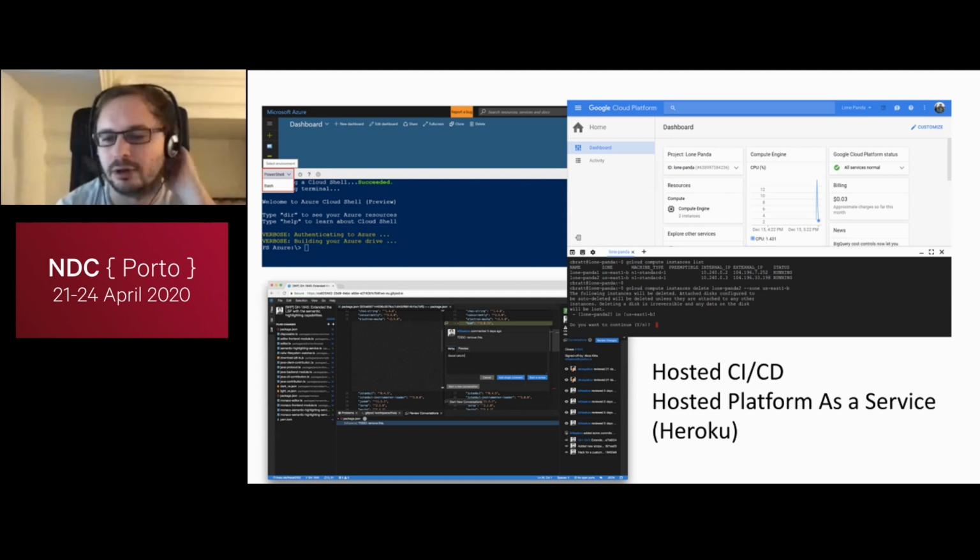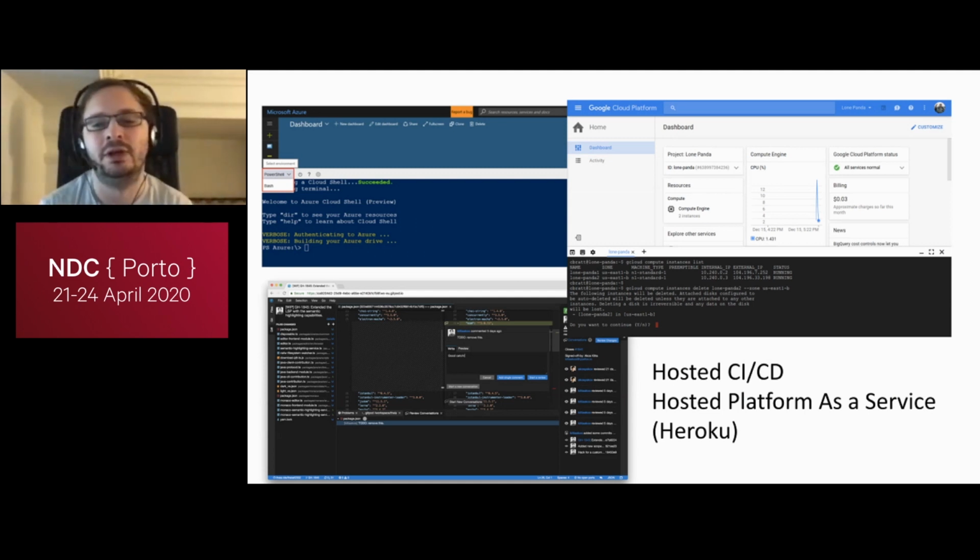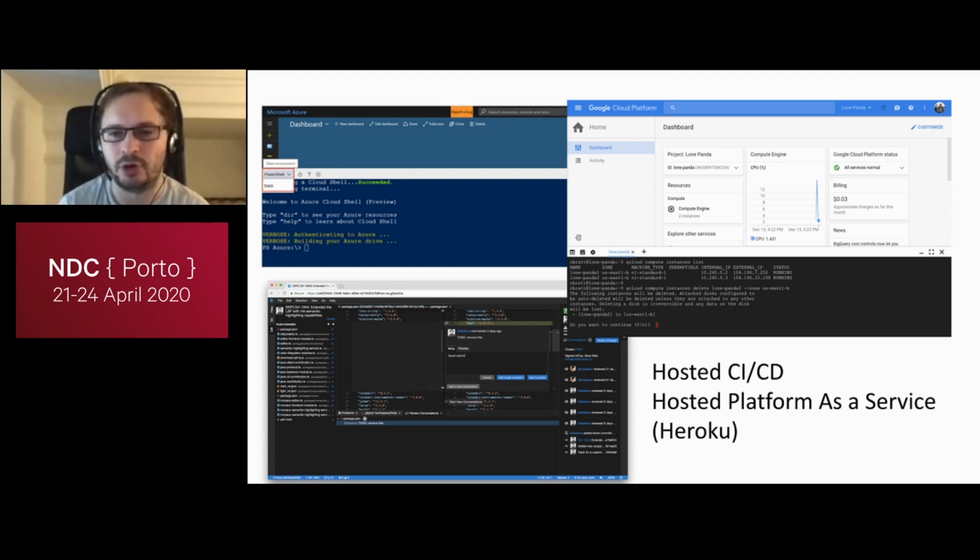And likewise, if you're running on Heroku or any platform as a service or any serverless technology, you are giving people the capabilities to run code within your platform, which could potentially have malicious side effects.